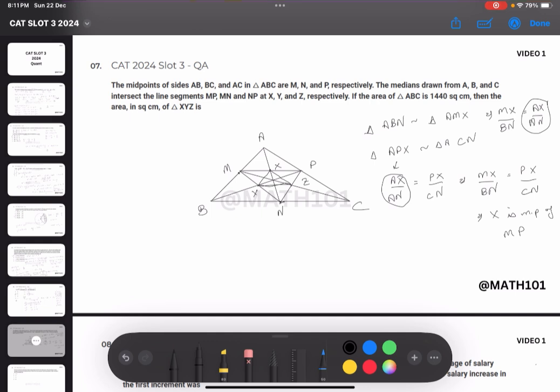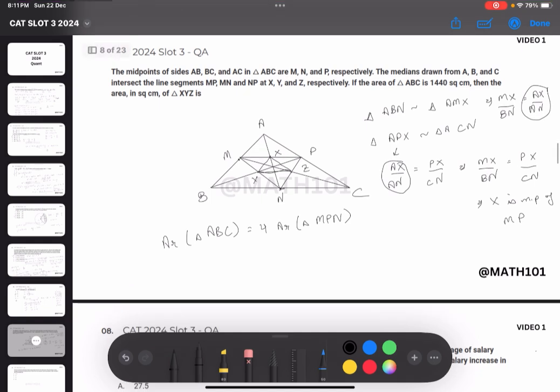So by the midpoint theorem, the area of triangle ABC is 4 times the area of triangle MPN, and as X, Y, Z are midpoints of triangle MPN, again by the midpoint theorem the area of MPN equals 4 times the area of triangle XYZ.